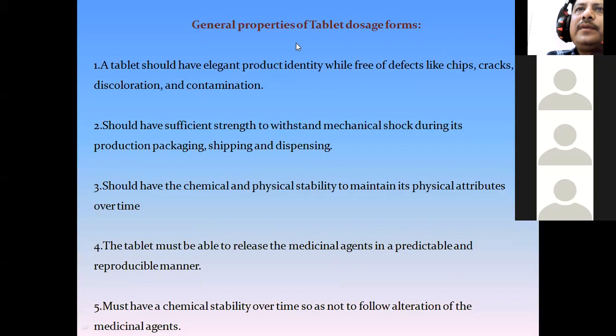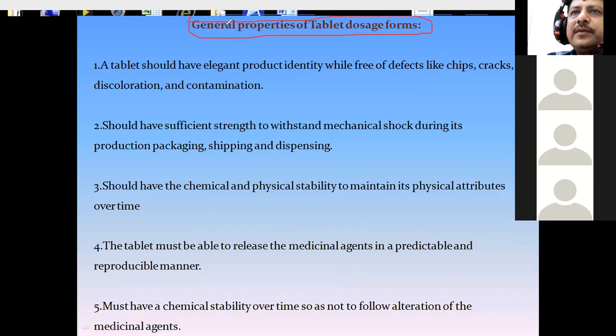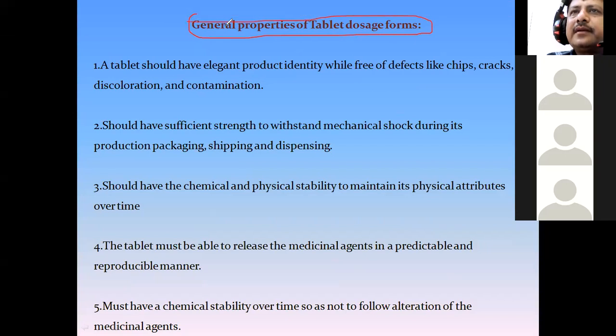So the general properties of tablet dosage form. Okay, so what are the general properties of tablet dosage form? Now let us see these properties one by one. Okay, what is the first property? That the tablet should have an elegant product identity. So whatever it is, when it comes in terms of elegance, it should have an elegant product identification.